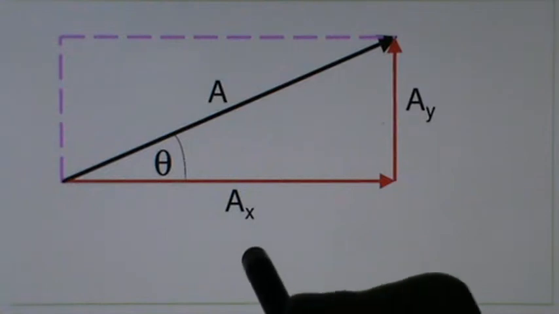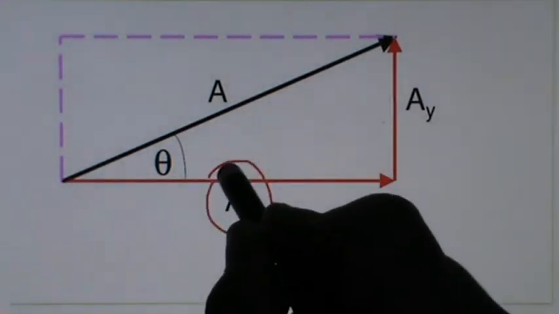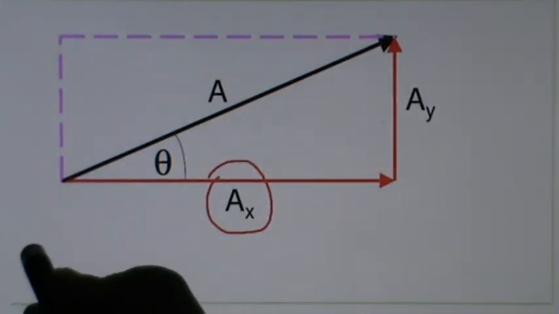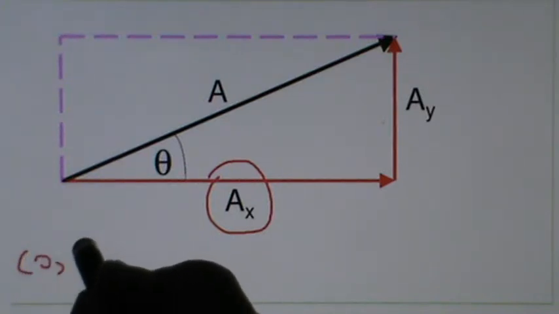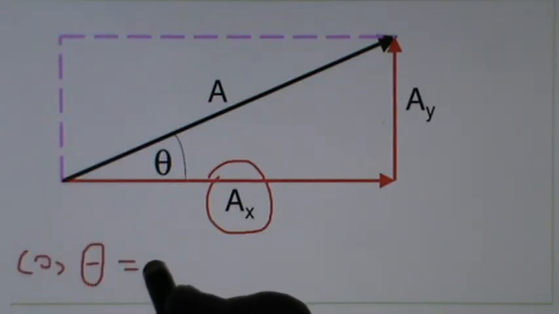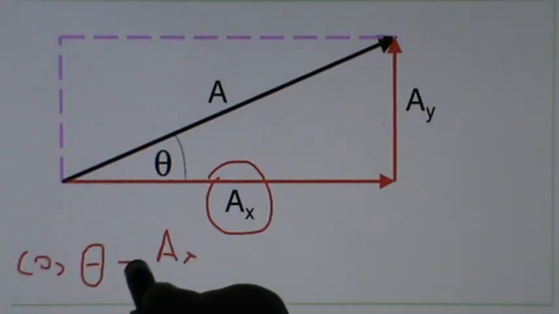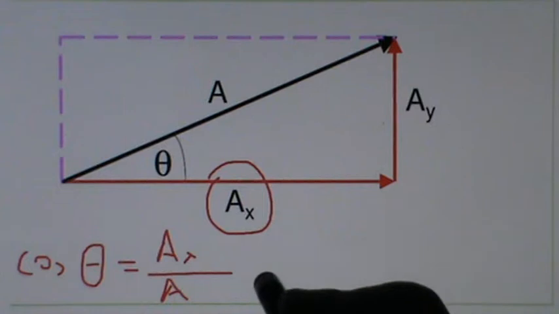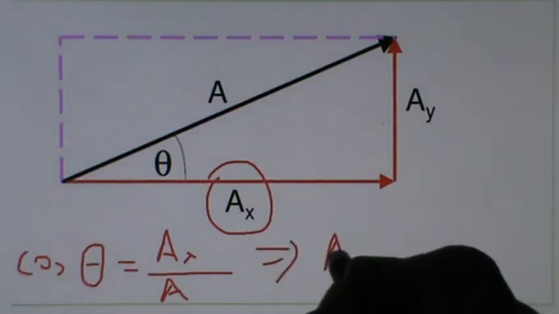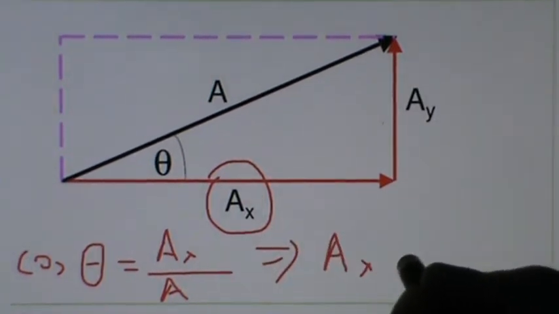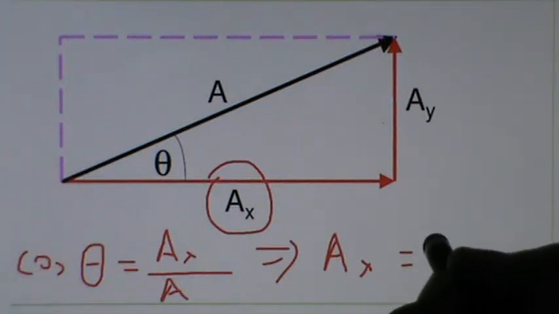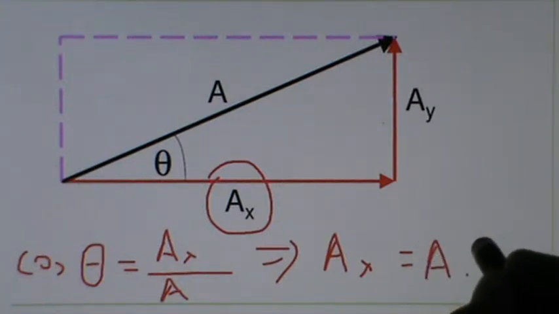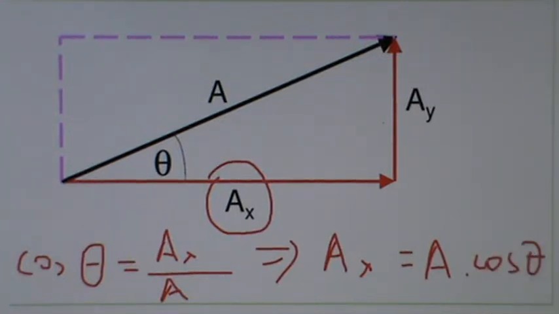And now we can find ax, since cosine theta is equal to ax divided by a. Therefore, the magnitude of ax is equal to a times cosine theta.